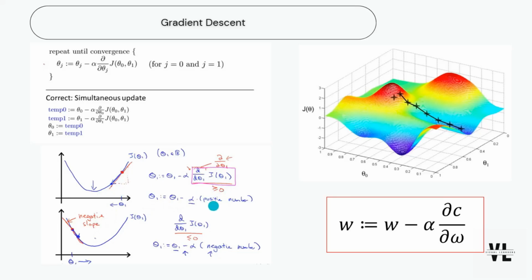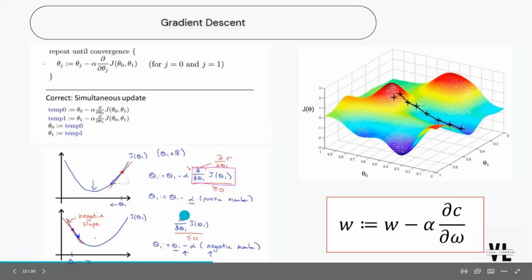And if this is a positive number, then the negative sign basically says that we move in the left direction, in the opposite direction. And this is basically guiding the model towards the minimum point.